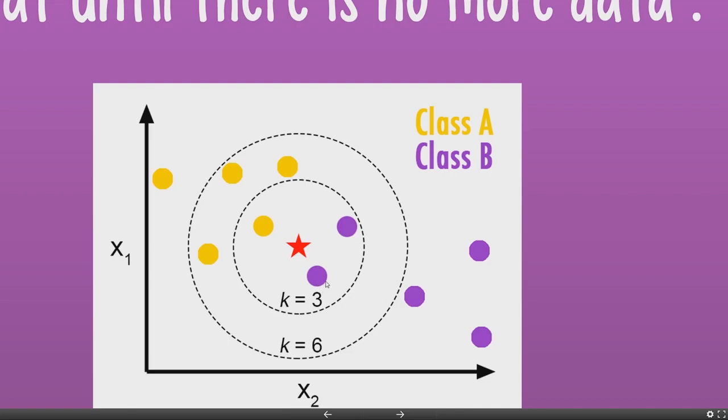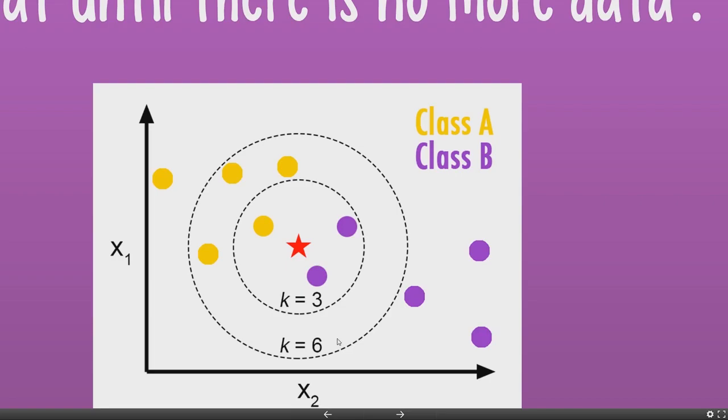In this example, these are the closest 3 neighbors. Then we see there are two data points in class B and one data point in class A. That means we assign this star to class B because there are more data points in class B.